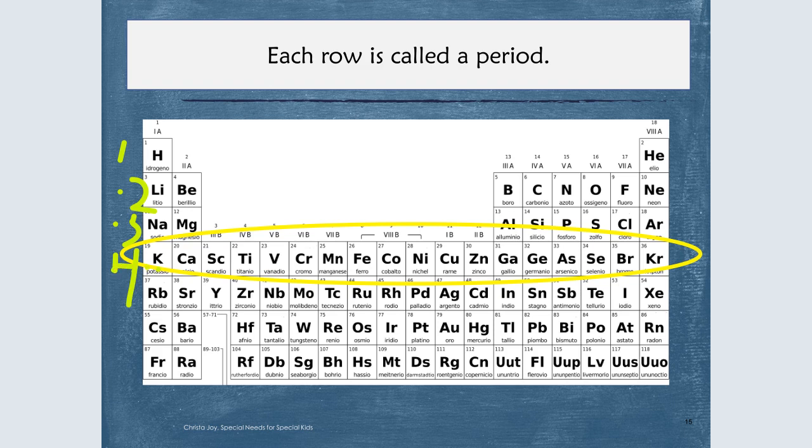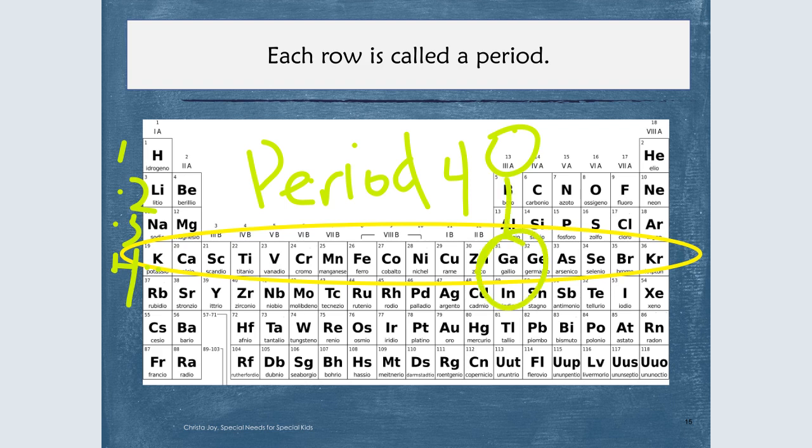This is in row 4, or period 4. So if I asked you for period 4 and column 13, we could say that was Ga. Okay, so it's like playing the game Battleship.